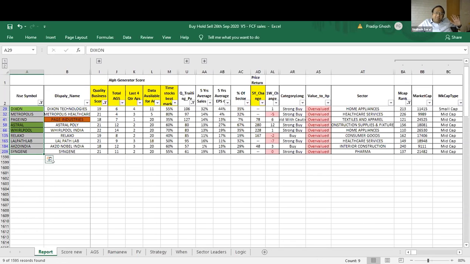These companies will become great: Relaxo, Lalpat, Asco, Syngene, Whirlpool, Astral, Page, Metropolis, Dixon.